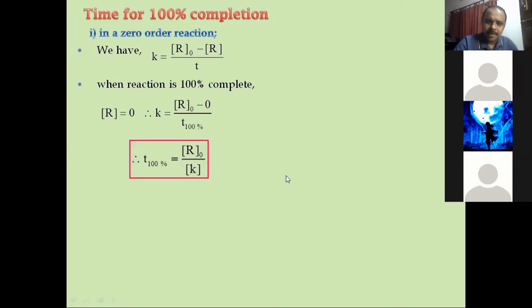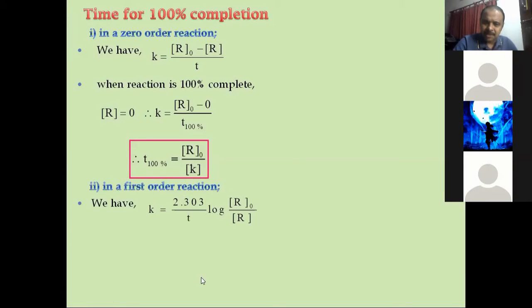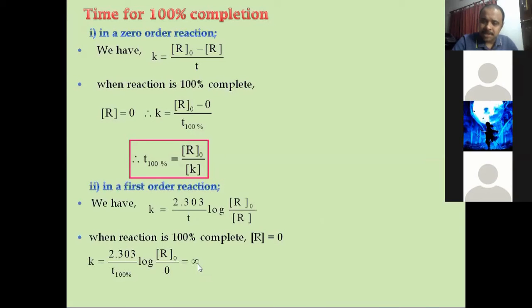Similarly, in a first order reaction, we have the integrated rate equation k = 2.303 by t log R naught by R. Now again, when the reaction is 100% complete, which term becomes 0? R becomes 0. If the denominator is 0, it is indeterminate, it becomes infinity.